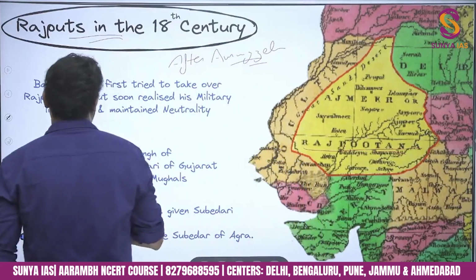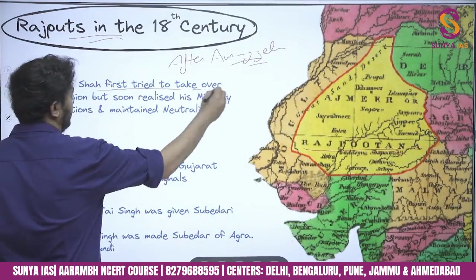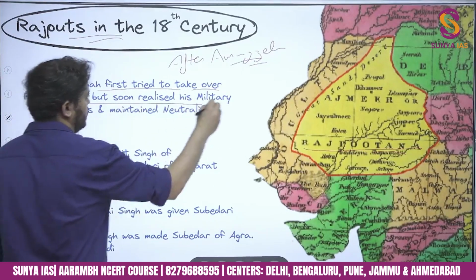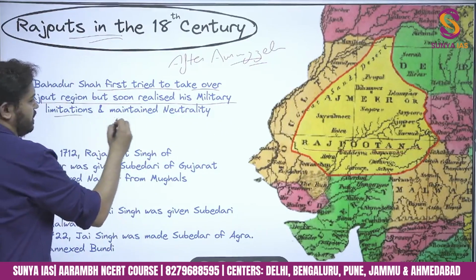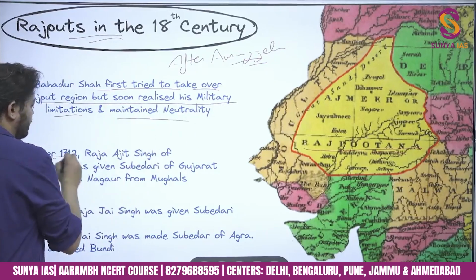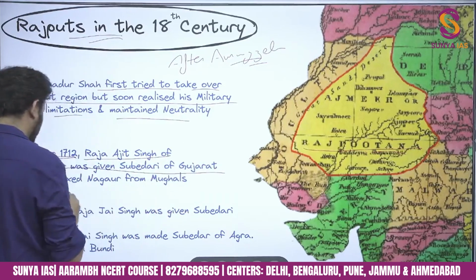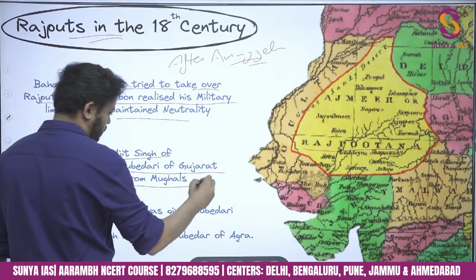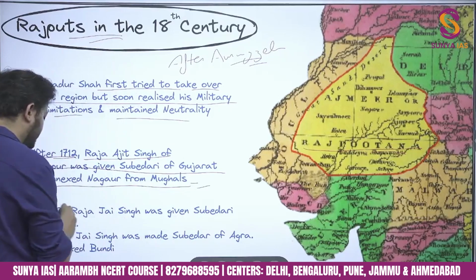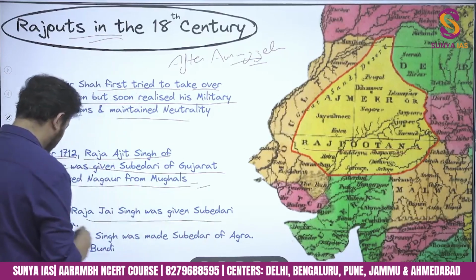Bahadur Shah first tried to take over the Rajput region, but soon realized his military limitation and maintained neutrality. After 1712, Raja Ajit Singh of Jodhpur was given the Subedari of Gujarat. He annexed Nagaur from the Mughals too. In 1713, Raja Jai Singh was given the Subedari of Malwa.